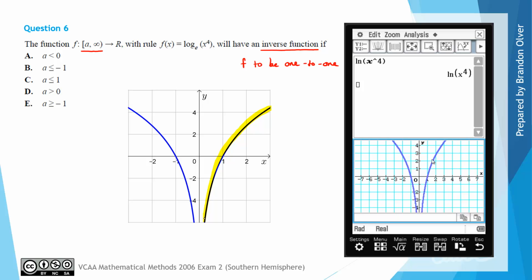Looking through the options, we can restrict the graph from any a value that's greater than 0, so that means that D is correct, and as long as we go from that a value that's greater than 0 to infinity, the graph will be 1-to-1, which means the inverse will exist for that function. So option D is the correct answer for this question.